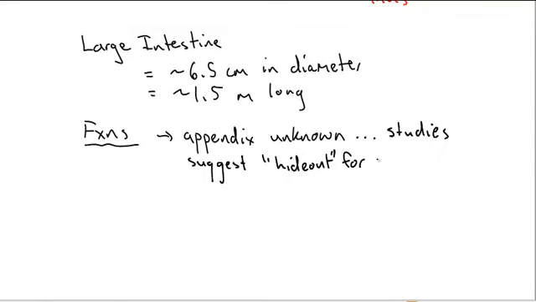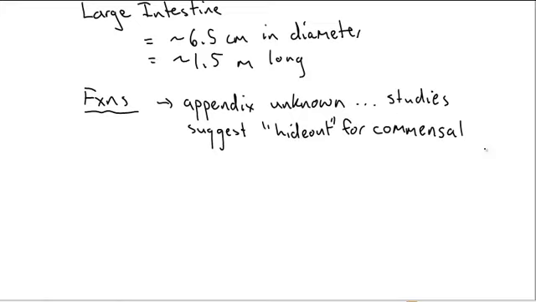Commensal bacteria are your good bacteria, the ones you want in your body. So when the bad bacteria come along and infect your system, it's thought that the good ones hide out in the appendix, and after the bad ones are gotten rid of, they come back out and repopulate your intestine. Okay, and we're going to learn why that's important in a second.